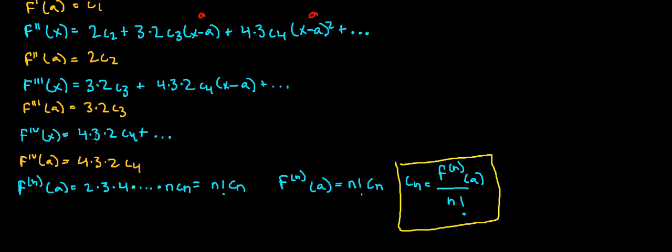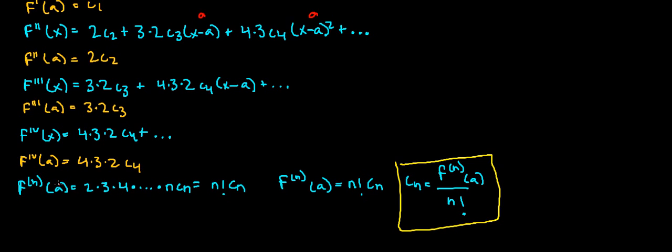This will leave 4 times 3 times 2 times C4, and then there would be other terms as well, but I don't need to bother with that. So f quadruple prime of a is 4 times 3 times 2 times C4. We can see this pattern developing. If we did this another time, it would be 5 times 4 times 3 times 2 times C5.